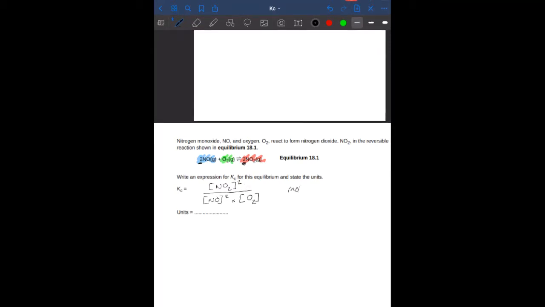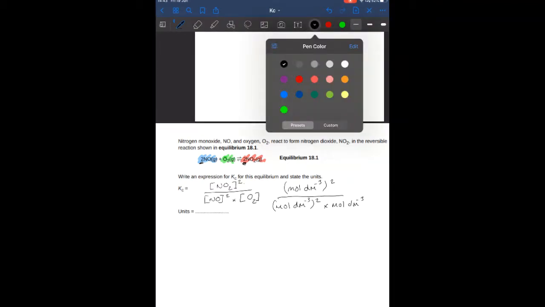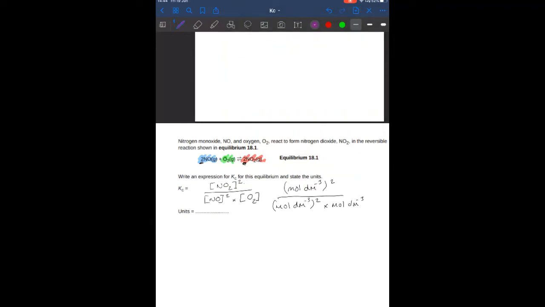So we've got moles per decimeter cubed, and we've got that to the power of 2 divided by moles per decimeter cubed to the power of 2 times by moles per decimeter cubed. What we can do here is, let's go for purple.